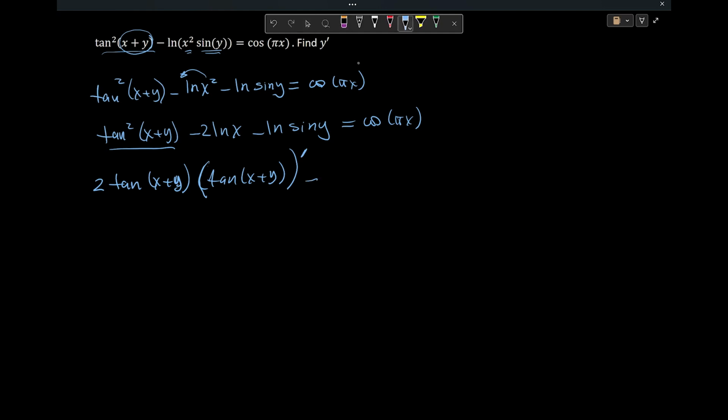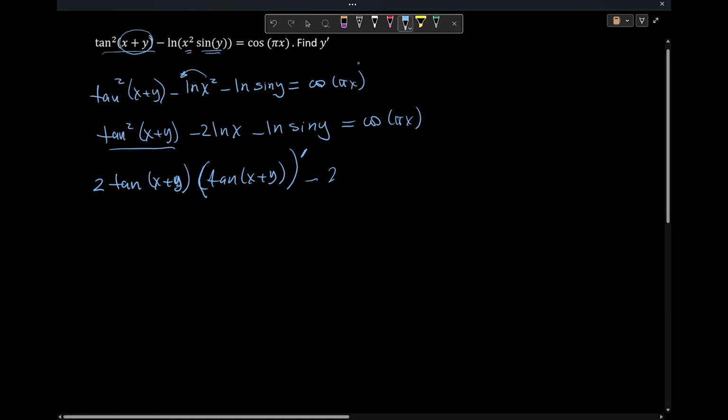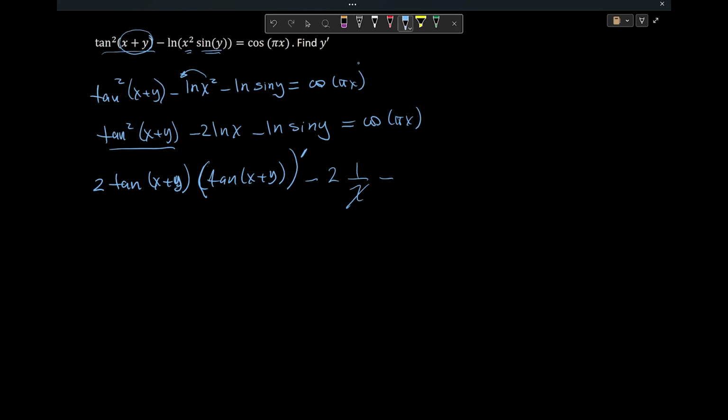Minus 2 ln of x, the derivative of the ln of x is 1 over x, minus the ln of sine of y, ln of a function of x. Sine of y is a function of x.